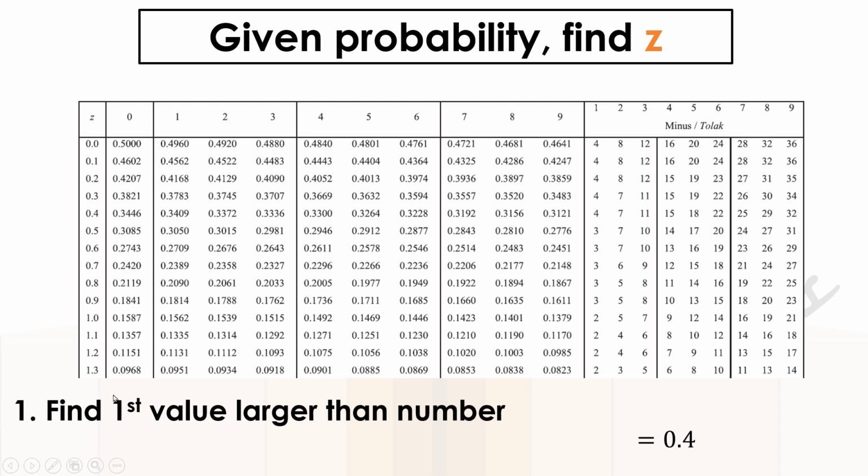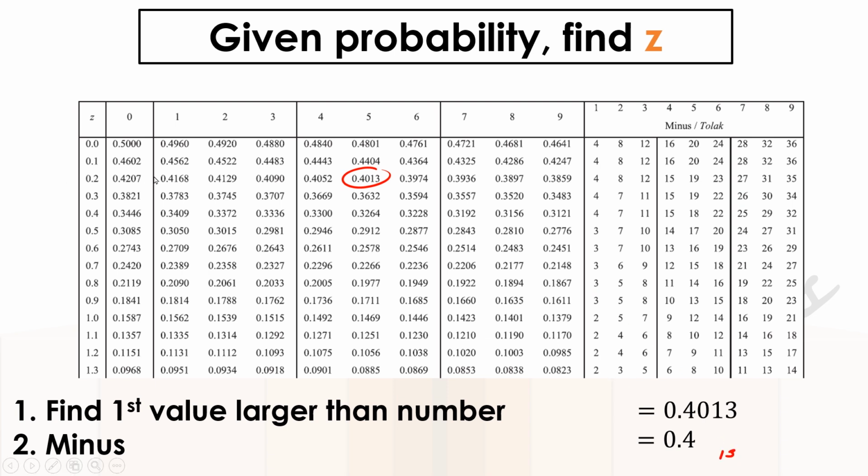So the first step is to find the first value which is larger than 0.4. So the first value which is more than 0.4 is this value. Okay, 0.4013. So we'll put it here. Then the second step is to find the differences. So these two, if I minus together, the value is 13.